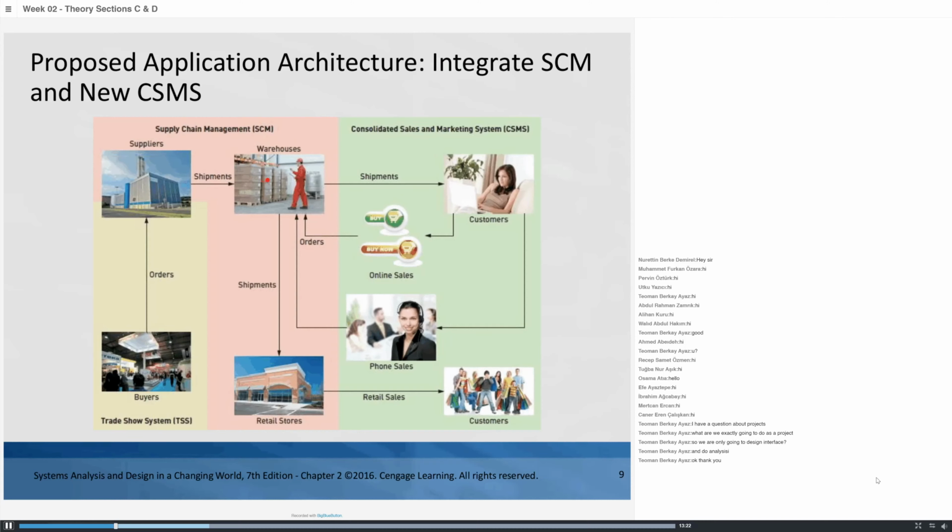Warehouses also can send the products to the retail stores, and customers can buy the products by themselves. This is the consolidated sales and marketing system. Customers should be able to buy the products via the system, and so on.